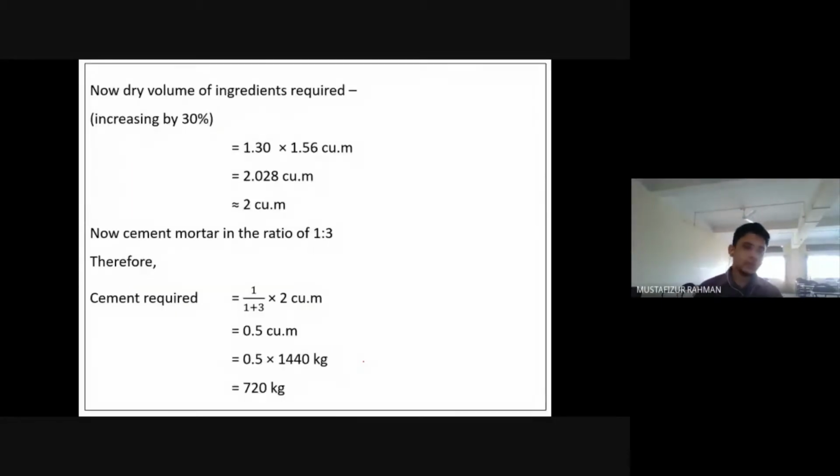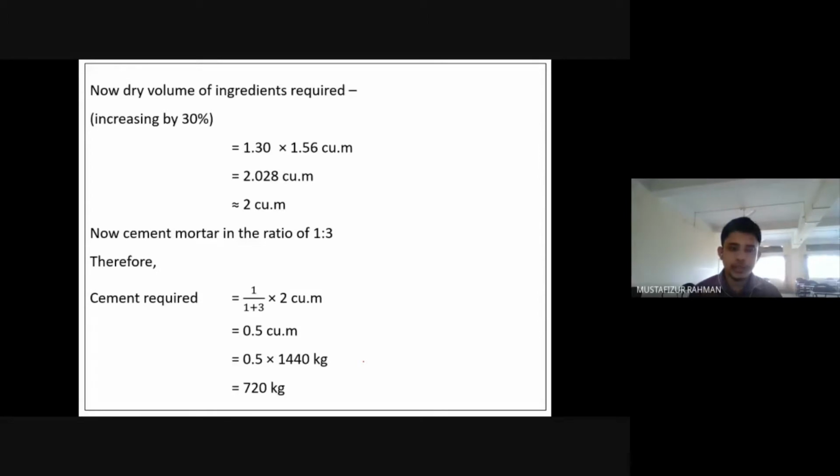Then again, we also know that we have to increase the volume of dry ingredients. We have to use the shrinkage factor, because when we shall be mixing the cement, the sand, and the water, it will shrink.